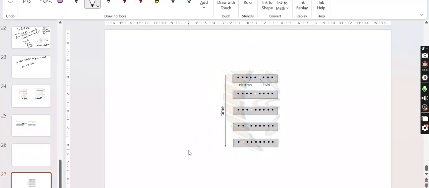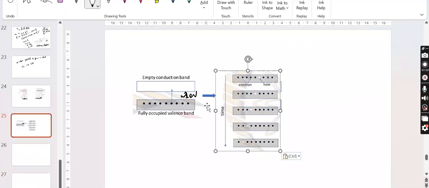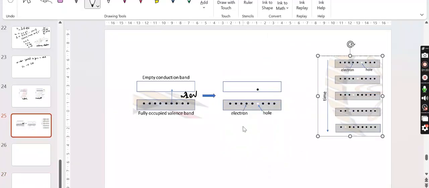So when an electron moves, the hole automatically moves. If the electron goes from here to here, the hole moves in the opposite direction.